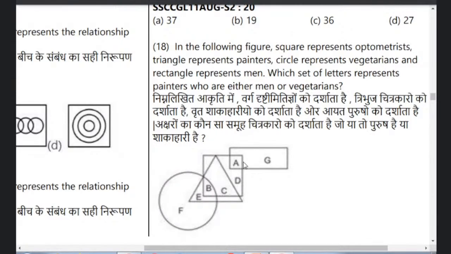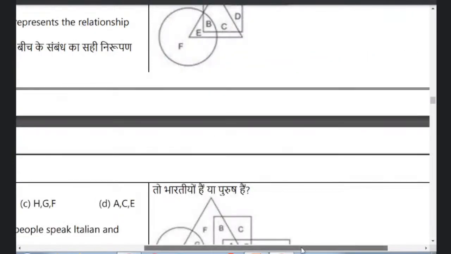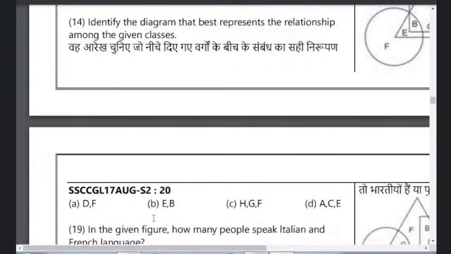Men are represented by the rectangle, and the circle represents the vegetarian. So options B and E are also vegetarian, but the rectangle is not connected with the triangle. So B and E; option B is the right one.